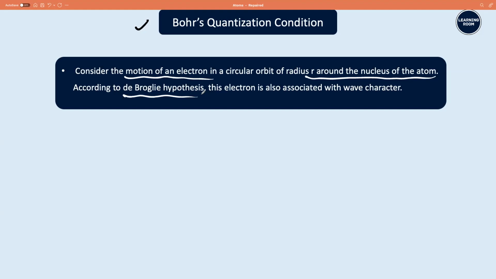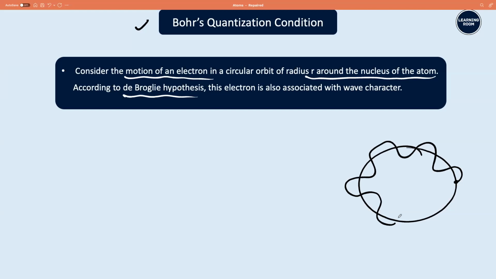Accepted? Meaning, if I take a circular orbit like this, an electron revolving in the circular orbit is going to get associated with the wave-like structure in such a way that if I take this to be the wavelength, then what does the condition tell you?